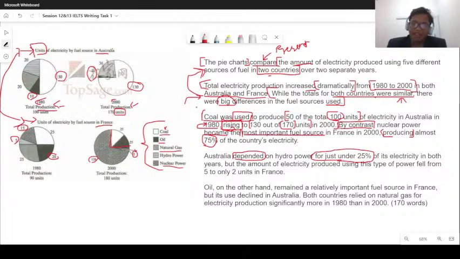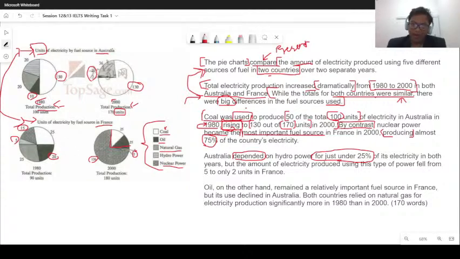France, right? So if you kind of take a look at the trend, the overview focuses more on the dramatic increase, 1980 to 2000, right? Total electricity production. So both showed a significant increase. And then the huge difference or the significant differences of the portions of each fuel type.